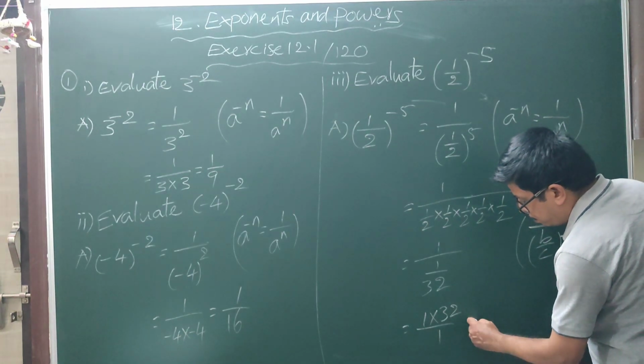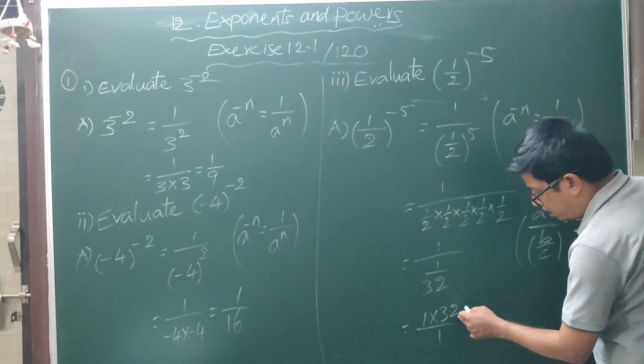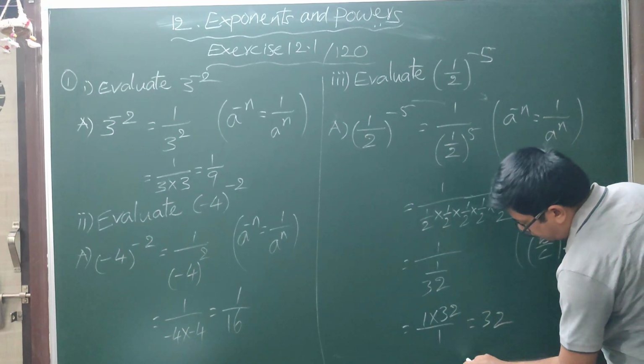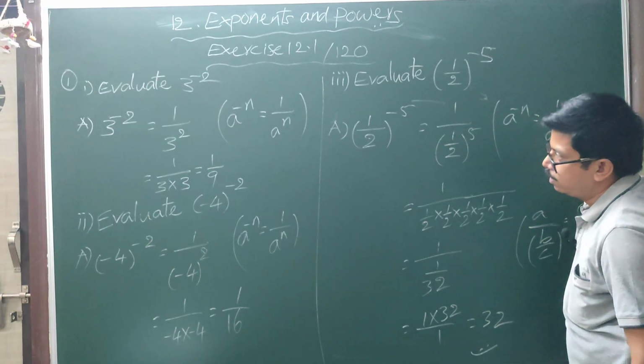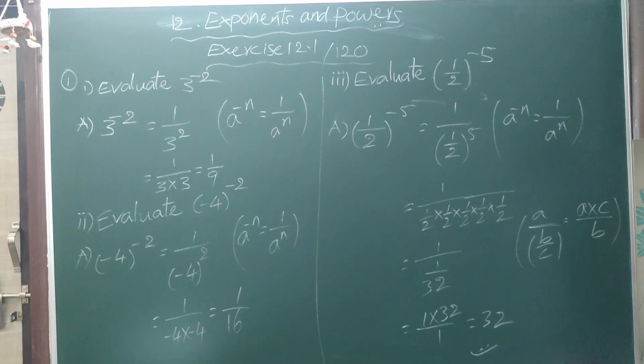Again it comes the same number in numerator only. 1 32s are 32. So the answer is 32.